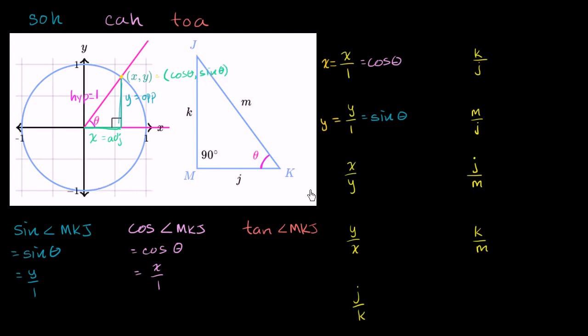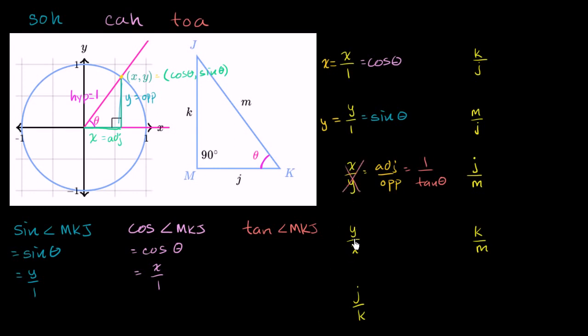But let's keep going. Now we have x over y. We have adjacent over opposite. Tangent is opposite over adjacent, not adjacent over opposite. So this is the reciprocal of tangent. This is equal to 1 over tangent of theta. We later learn about cotangent and all of that, which is essentially this. But it's not one of our choices, so we can rule this one out.